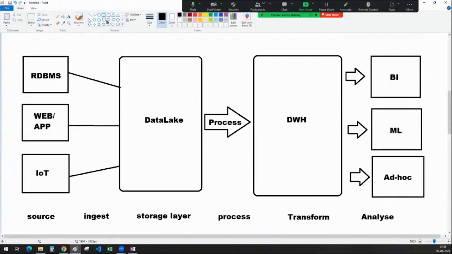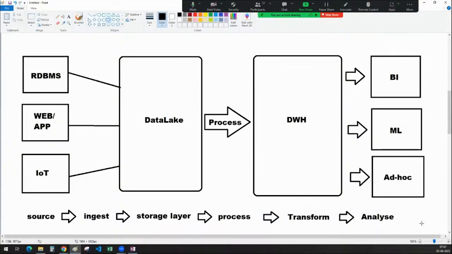This is what is meant by a data life cycle. In a data life cycle, you get the data from a source. You do the ingestion into a storage layer, and you do processing on top of it to clean or prepare the data. You do some transformations on top of it, and you analyze the data to improve your business.